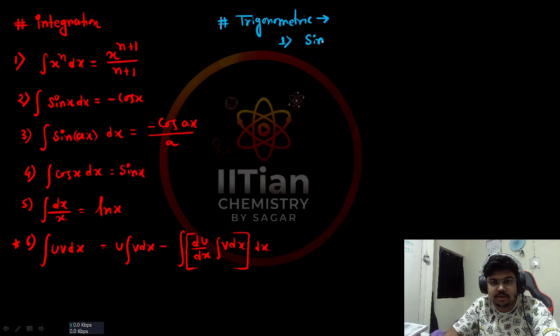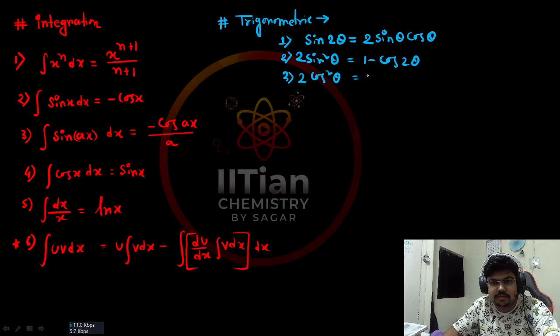Sine 2 theta means 2 sine theta cos theta, 2 sine square theta means 1 minus cos 2 theta, 2 cos square theta means 1 plus cos 2 theta.